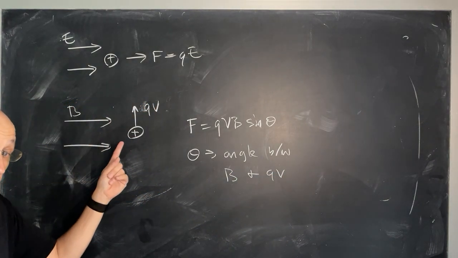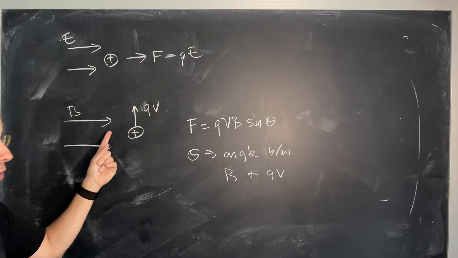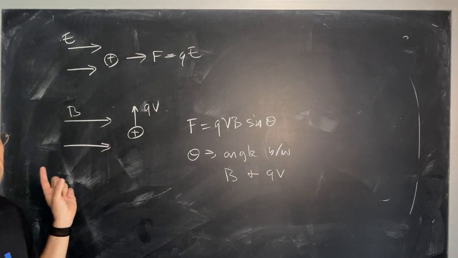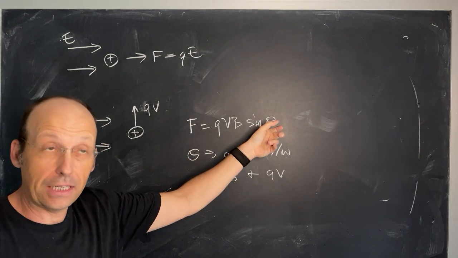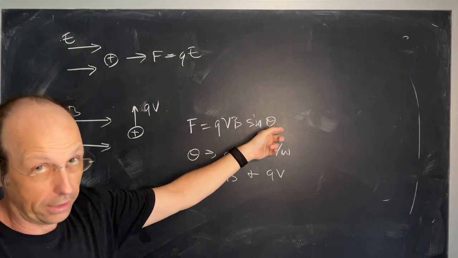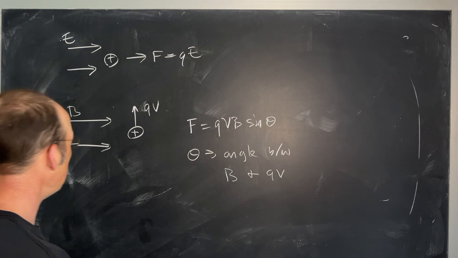So right here you see with the way I drew it, the angle between B and QV is what? The answer is 90 degrees. The sine of 90 is what? The answer is 1.